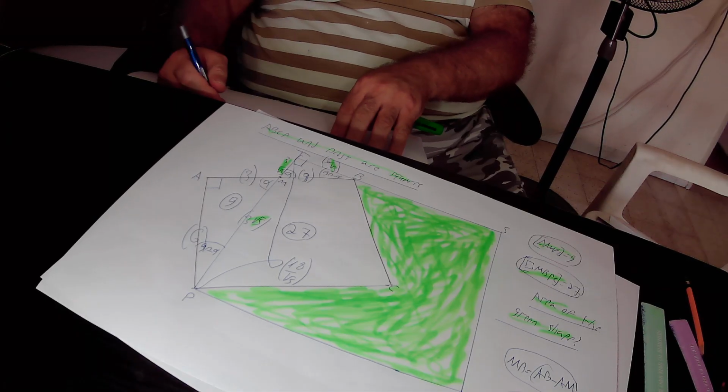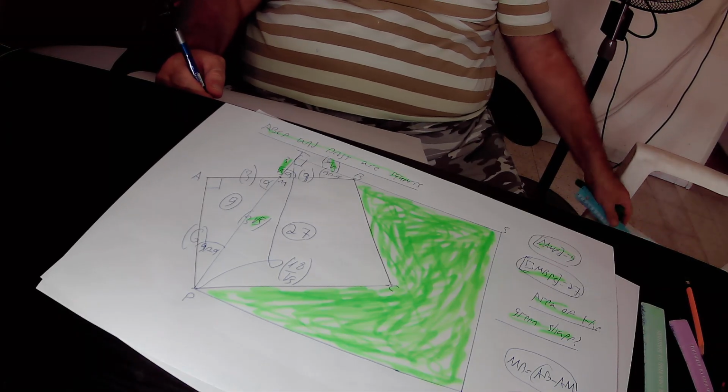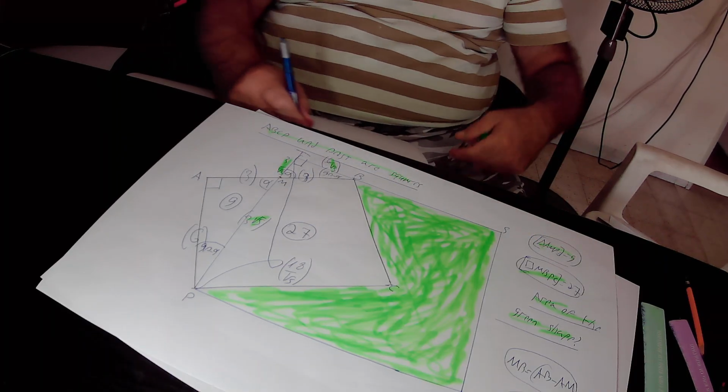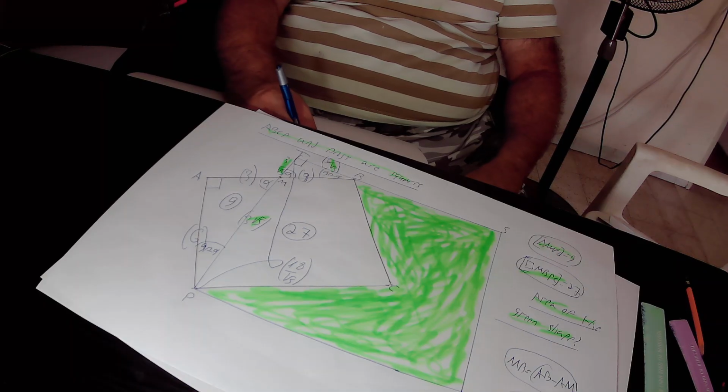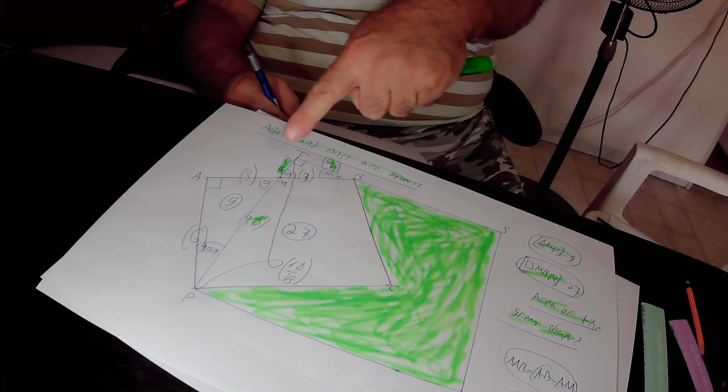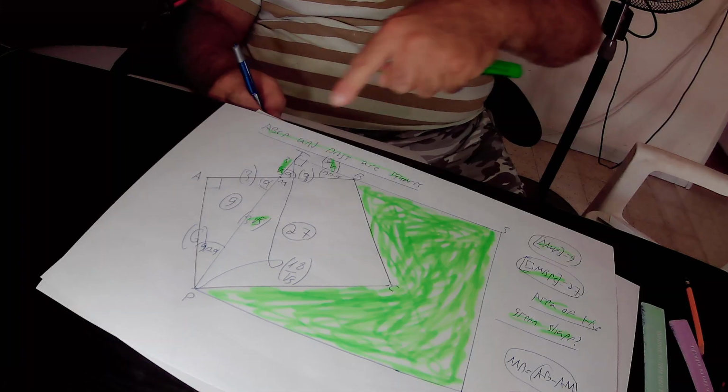The area of the green shape, in total, will be equal to the area of the big square TSQP minus the area of this quadrilateral MBCP.